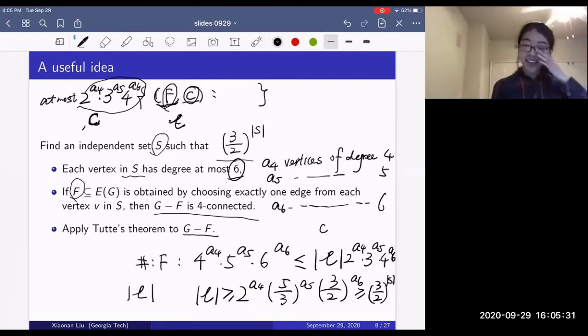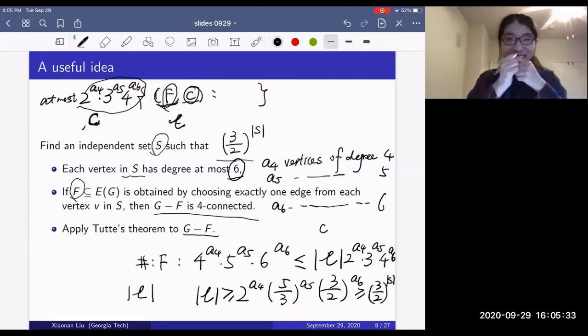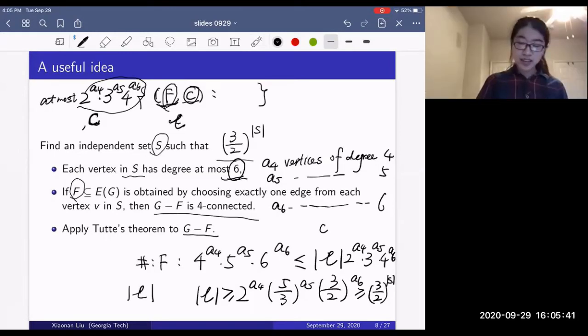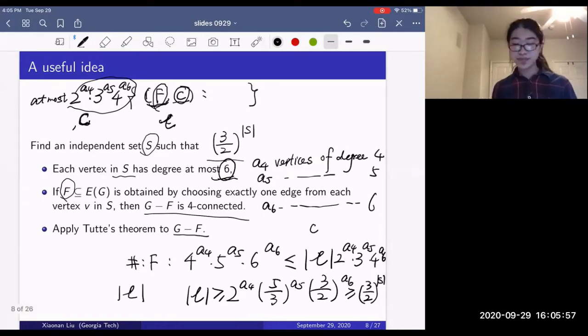That's a good question. Actually this number can be improved to any number because we can still get a number larger than 1. But here we use 6 because it's useful for the later proof.